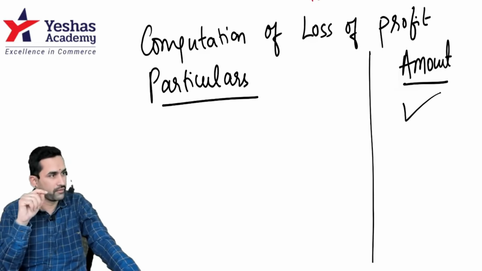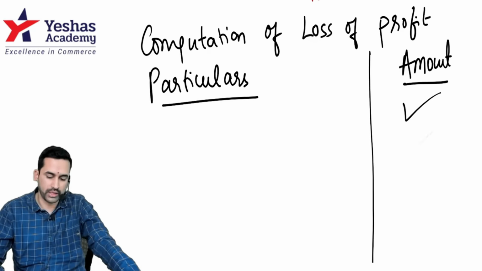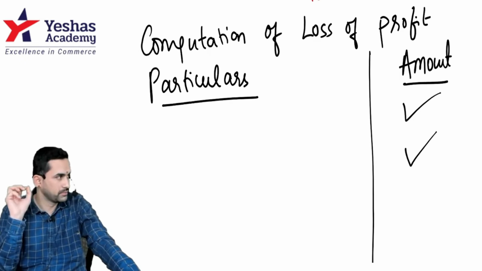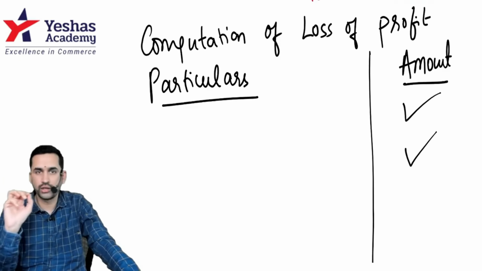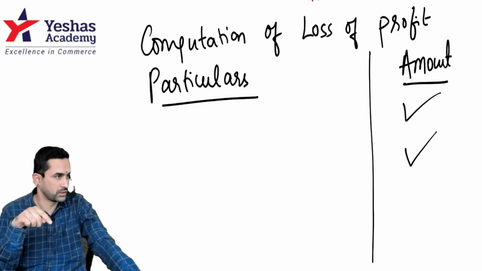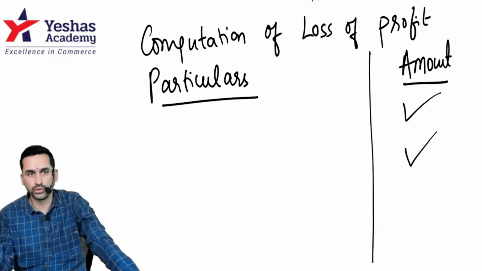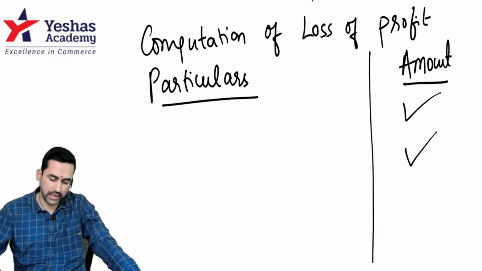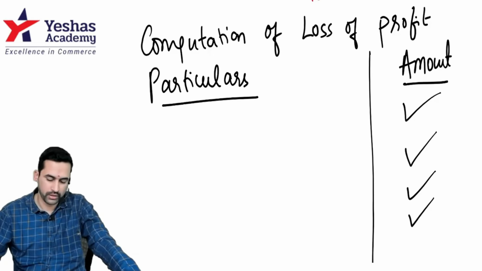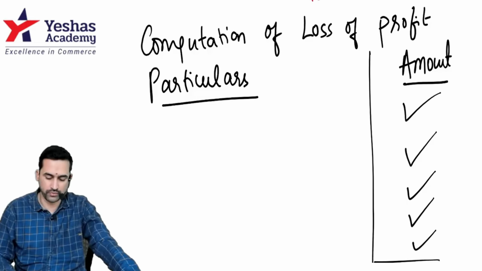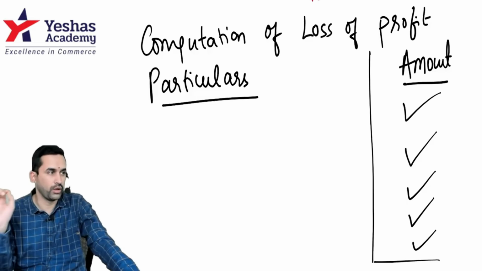And how much is the cost of rectification? 25 into 25. You get this number. Understood? On top of this, you have three more items in the question. The settlement cost due to those who left, then you have to take the recruitment cost, and then the training cost. If you add all of this, you get the total loss of profit.